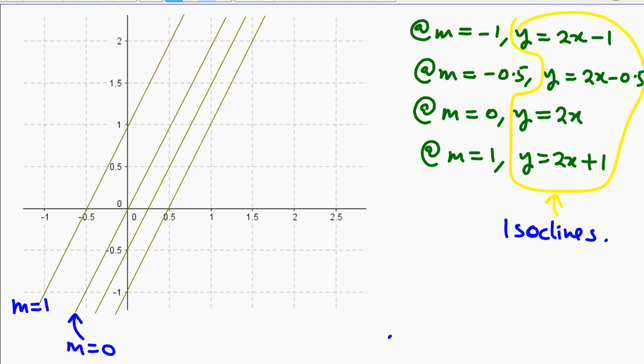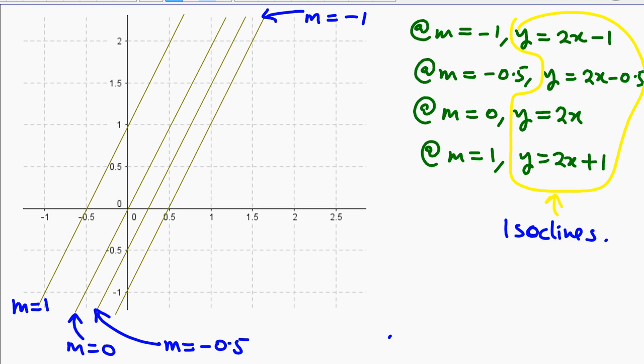For this one, m is equal to -0.5. For this one, m is equal to -1.